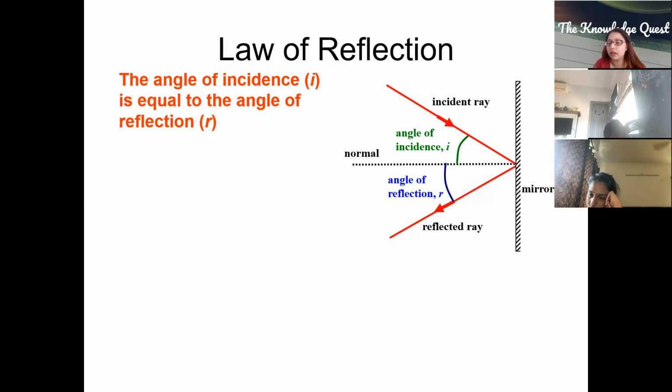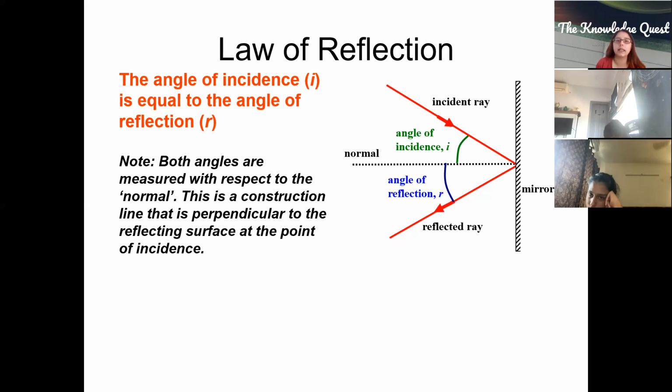And what is the law of reflection? It says that both angles are always equal. Angle i is equal to angle r. Angle of incidence is equal to angle of reflection. Clear?